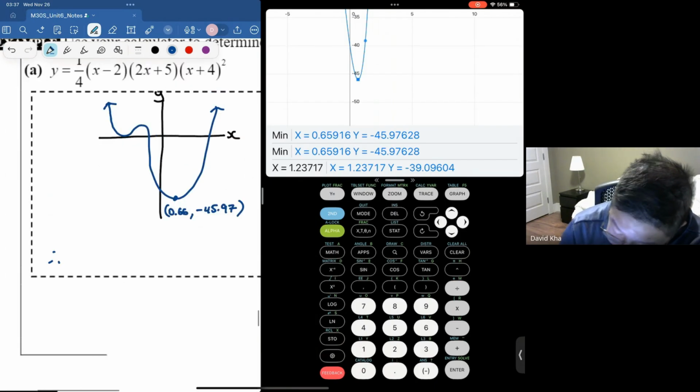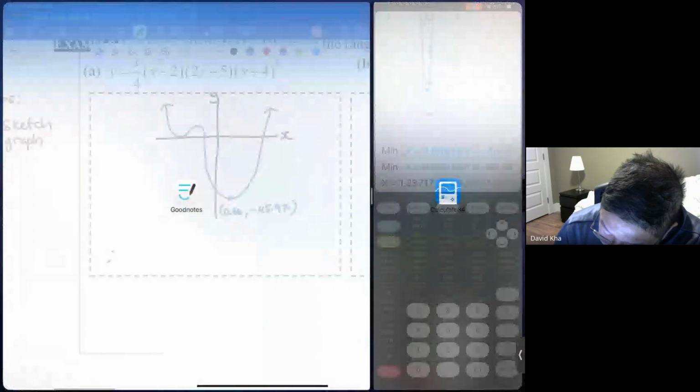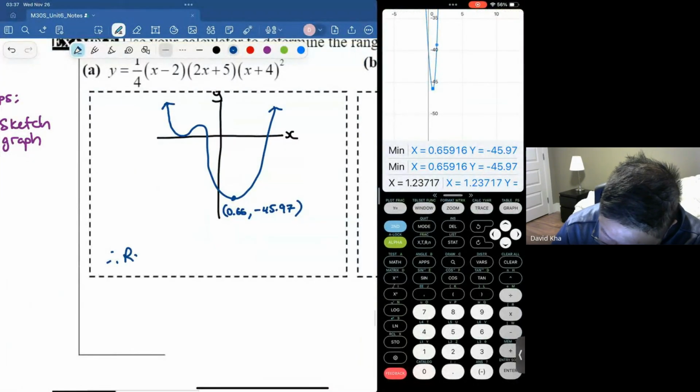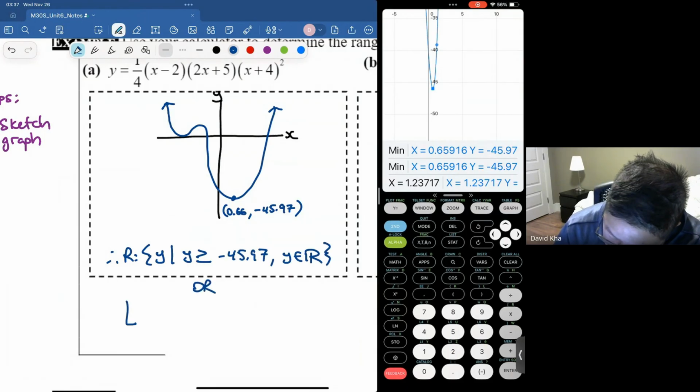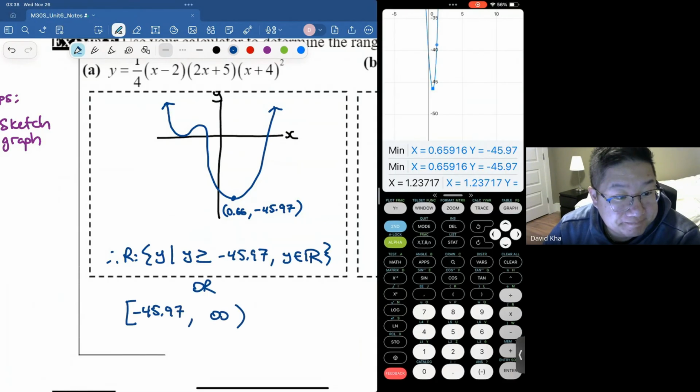So therefore, the range will be the set of all values, so that set of all y, so that y is greater than or equal to negative 45.97, and y is taken from the set of real numbers. Or if you're doing interval notation, open bracket negative 45.97 up to infinity, just like that.